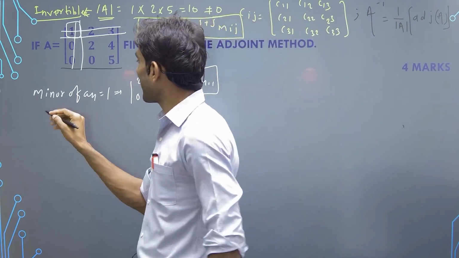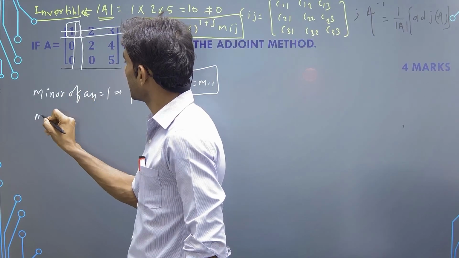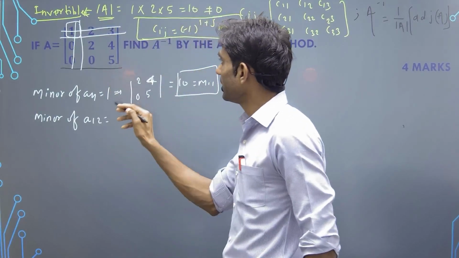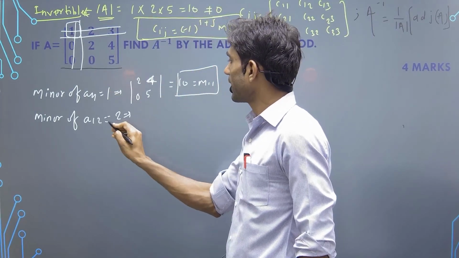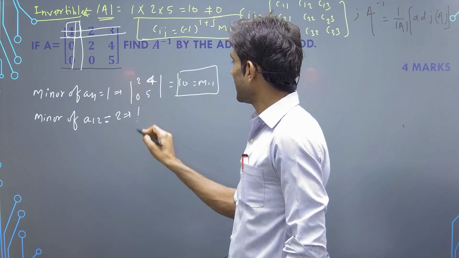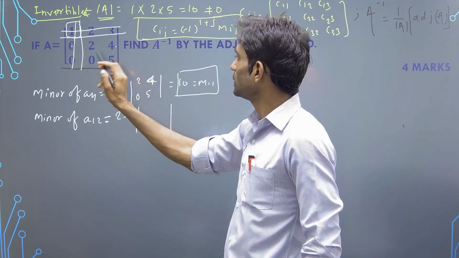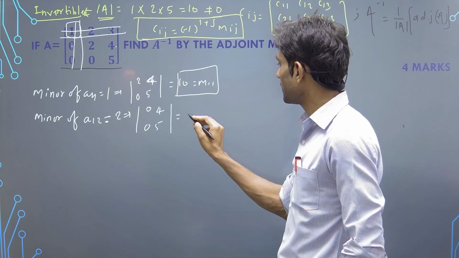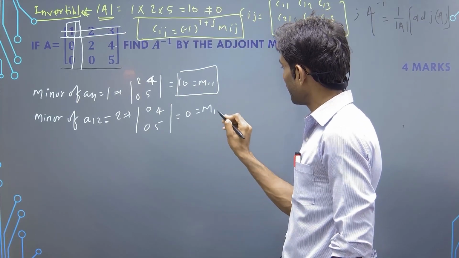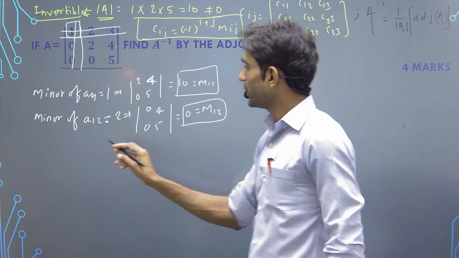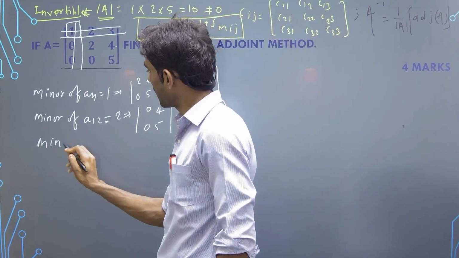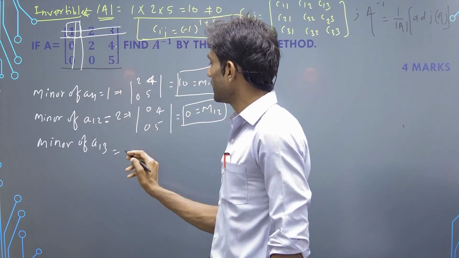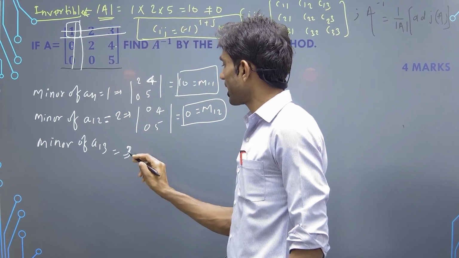Now similarly, let's go for the minor of A12. The A12 element is 2, so we want the minor of 2. We take the 2 by 2 determinant with 0 4, 0 5. When you find its determinant, you get 0, which is the minor of the second element. Next, the minor of A13.